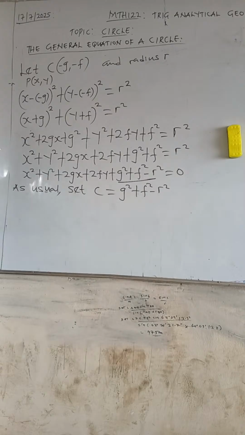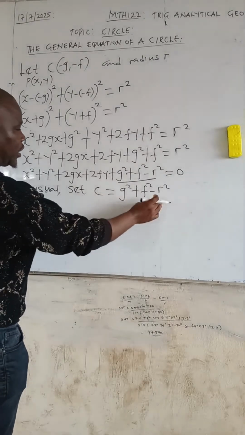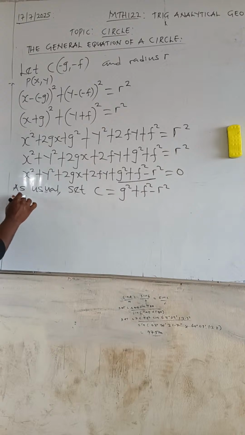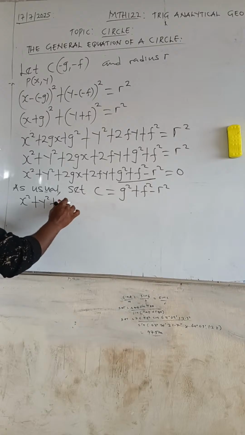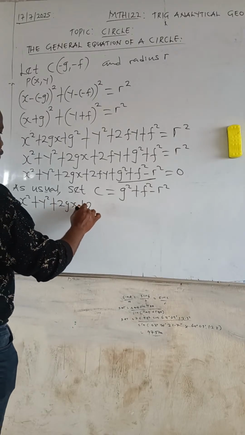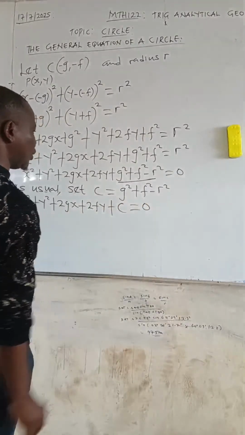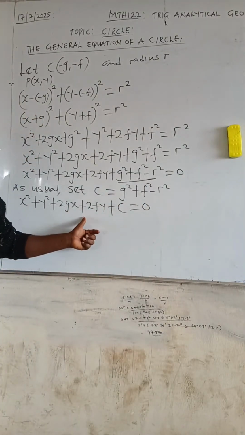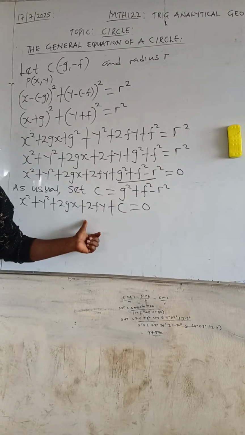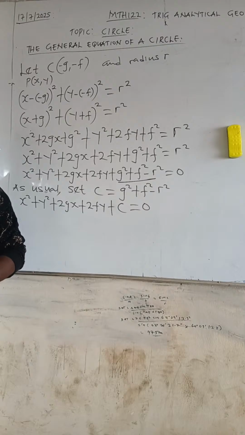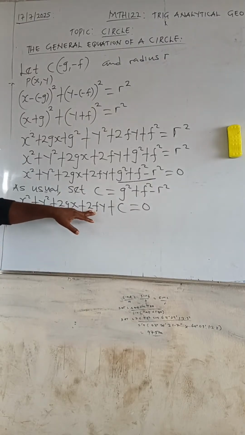So now, anywhere you see this, you replace it with C. So here will now be x squared plus y squared plus 2gx plus 2fy plus c equals to zero. So this is the general equation of what? A circle. Do you understand? This is your general equation of a circle.